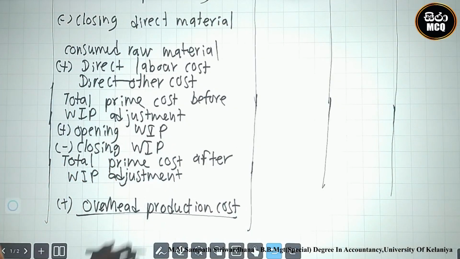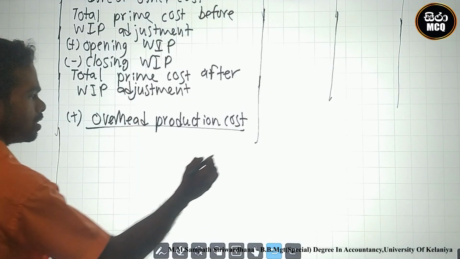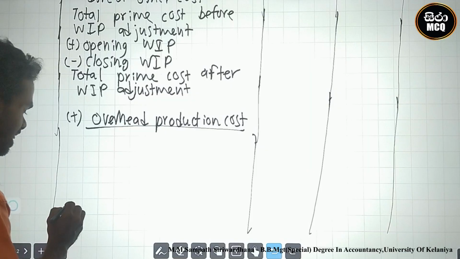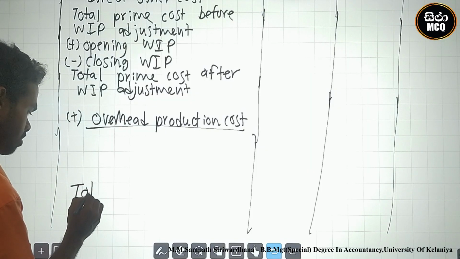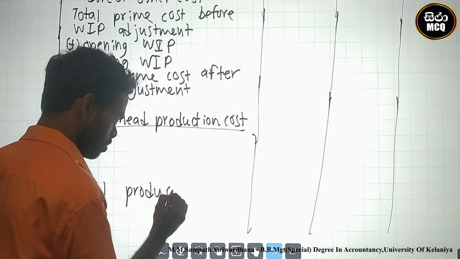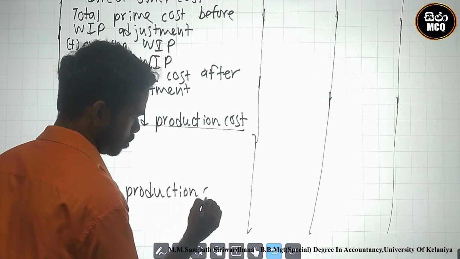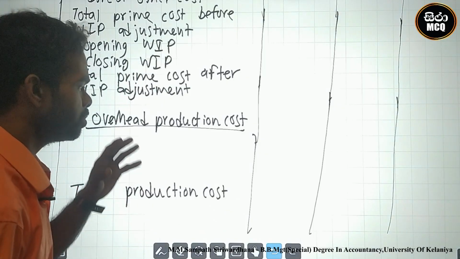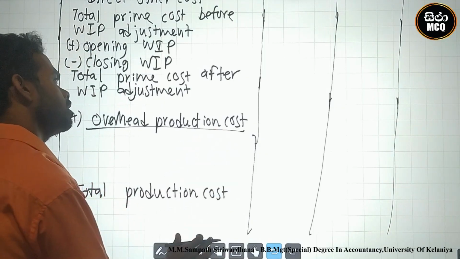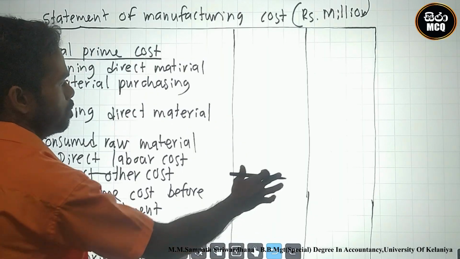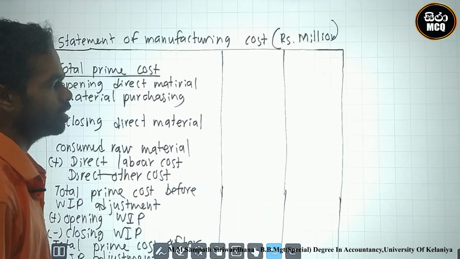After that, we can calculate the total production cost. Okay, I read the whole question, and this information includes all areas of this manufacturing account.